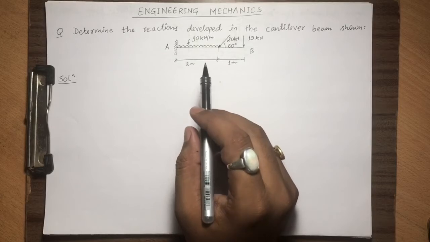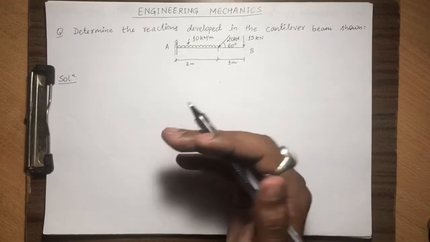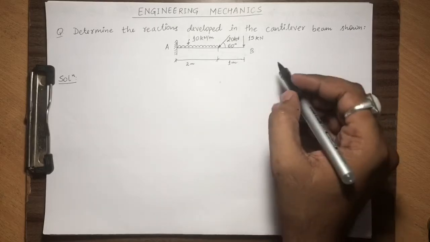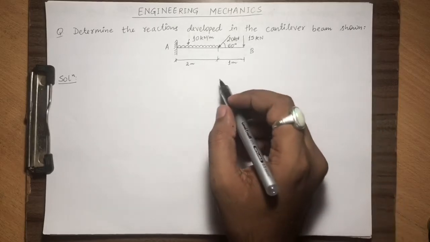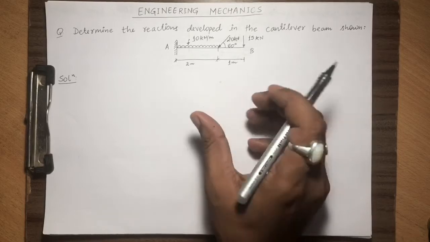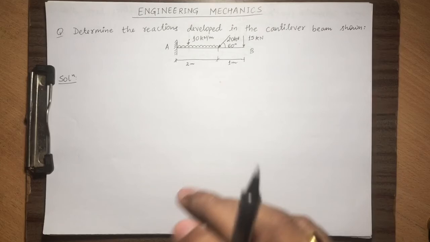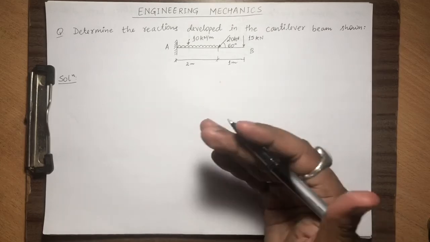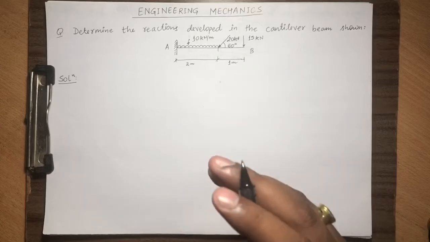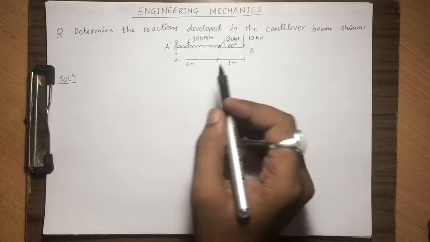Before solving any beam or any structure, what we have to do is draw a free body diagram of the beam. So what was a free body diagram? A free body diagram is an isolated diagram in which we analyze the different external forces acting on that particular body.